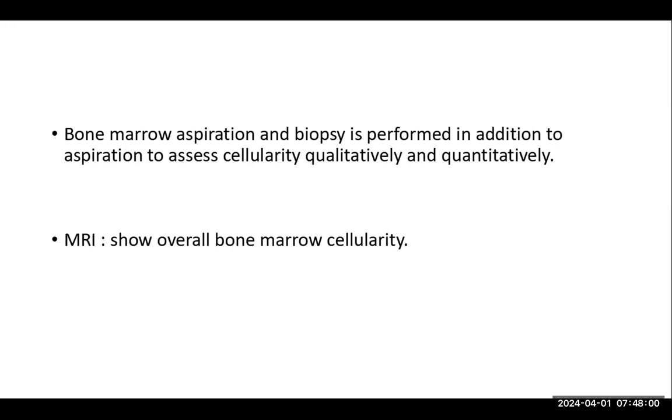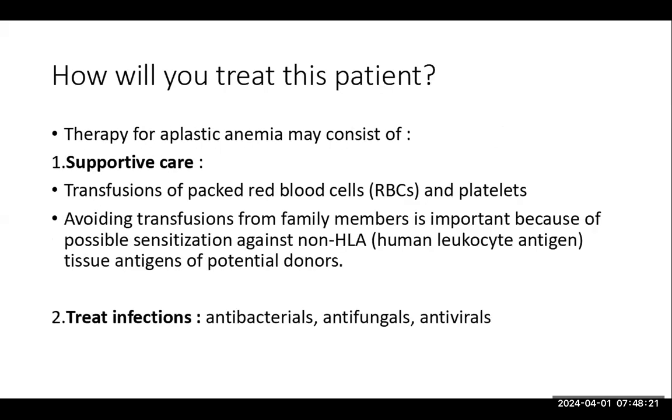And then an MRI will show the overall bone marrow cellularity, because sometimes in an aspiration there could be pockets of hypercellularity, and the aspiration may pick up these pockets, giving a false picture of a depressed bone marrow.